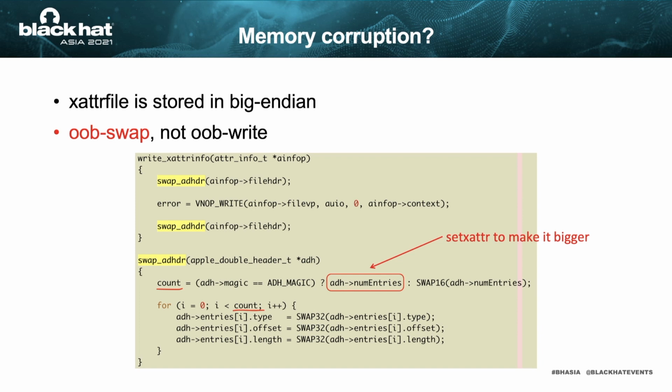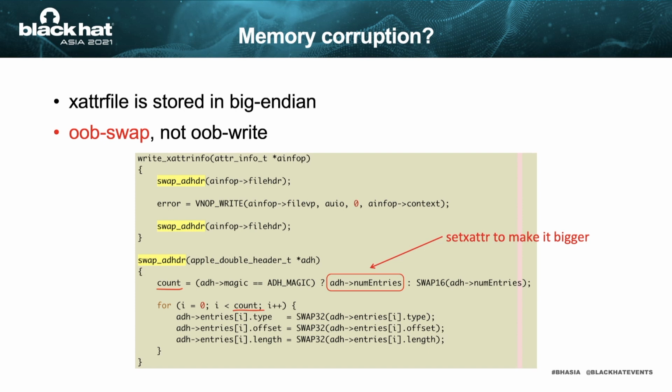This is because AppleDouble files are stored in big endian order, and x86 is a little endian CPU. So the data in memory is inconsistent with the byte order in the file. Integers cannot be written directly to the file. Byte order conversion is required. So before writing the file, there is a swap AD header operation to do this.